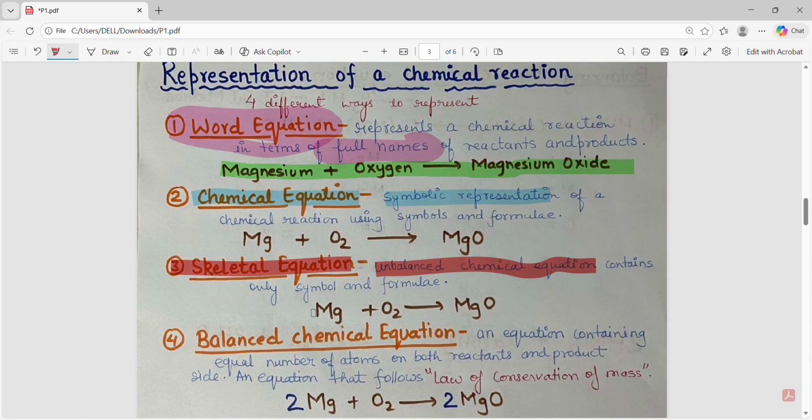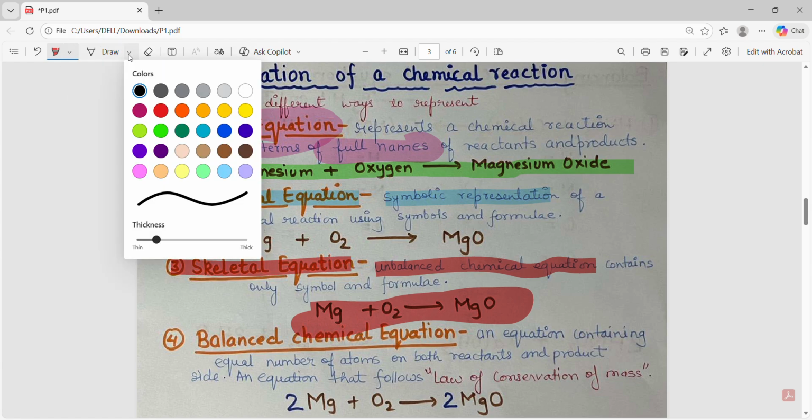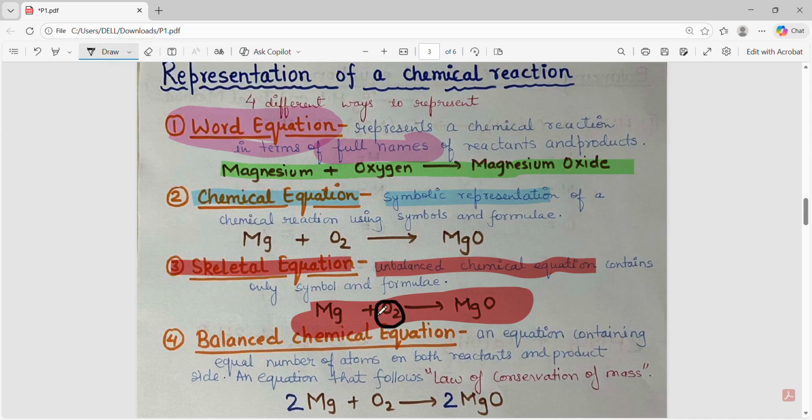As you can see, magnesium reacts with oxygen, giving out magnesium oxide, and on the reactant side we have single magnesium, and that side we have single magnesium. But if we talk about oxygen, then we are having O2 this side and single oxygen this side. So this is the chemical equation which is in its skeletal form, not in balanced form.